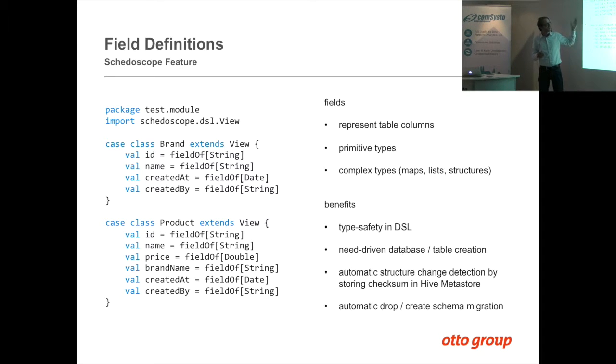We support all the primitive types of Hive. We support complex types: maps, lists, and structs. And by doing so, we can piggyback on the whole type safety mechanism of Scala.